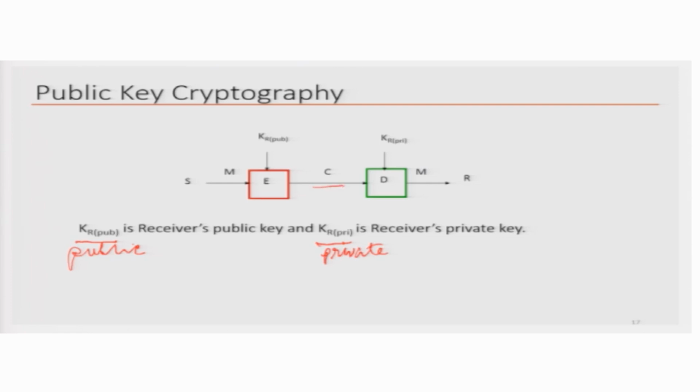Since I have the private key and nobody else has the private key corresponding to this public key, only I can decipher the message, and I do not tell this key to anybody, I keep it very closely secret. So, therefore, I have 2 keys, or I can say it is a 2-part key system. One part, the public part, I can announce to the world that if you want to send a message to me, then send me encrypted with this key.